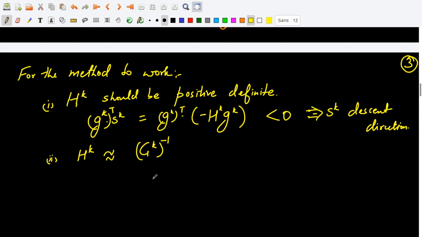But what we do in these methods is actually we try to keep Hk closer to Gk plus 1 inverse.